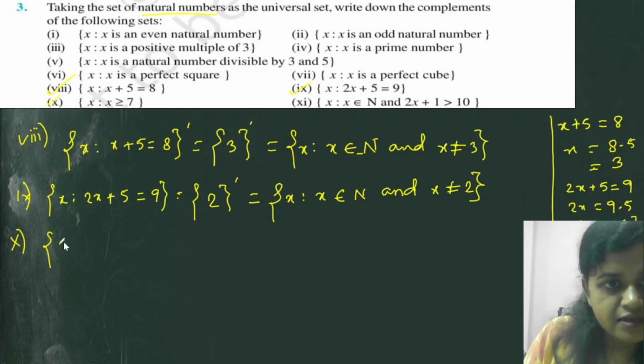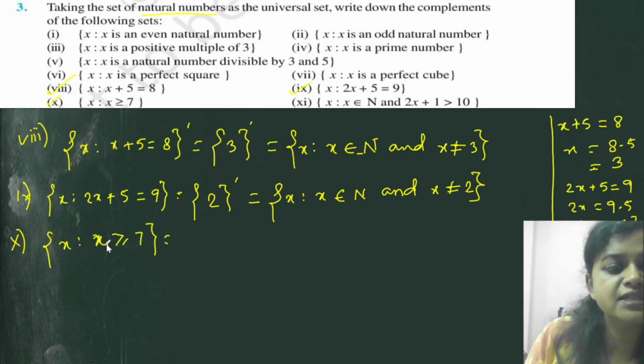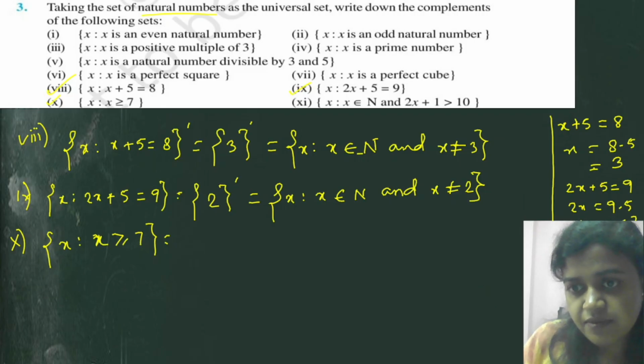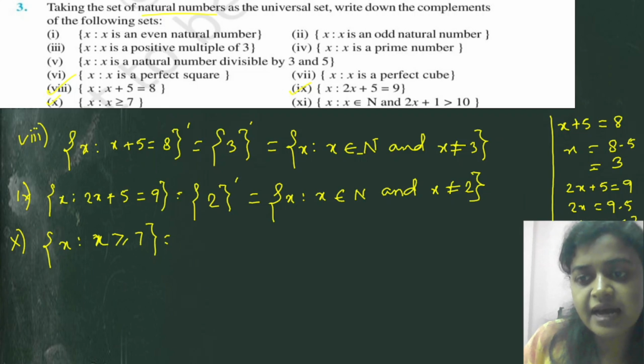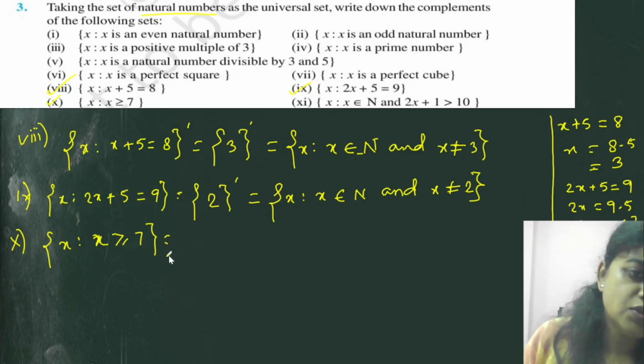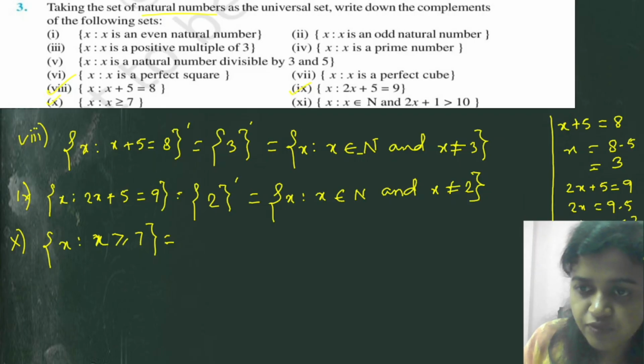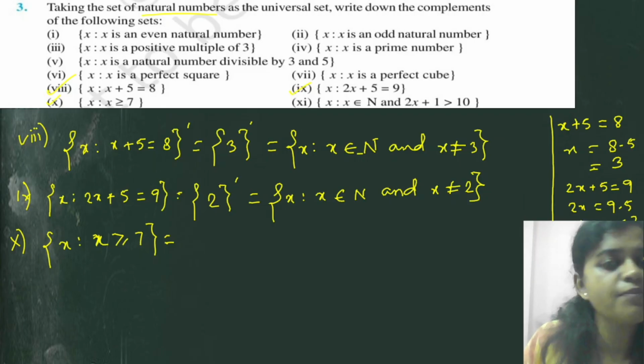Next, 10. x such that x is greater than or equal to 7 means the value of x is greater than or equal to 7, so the elements are 7, 8, 9, 10, and so on. We have to remove these elements from the natural number set.